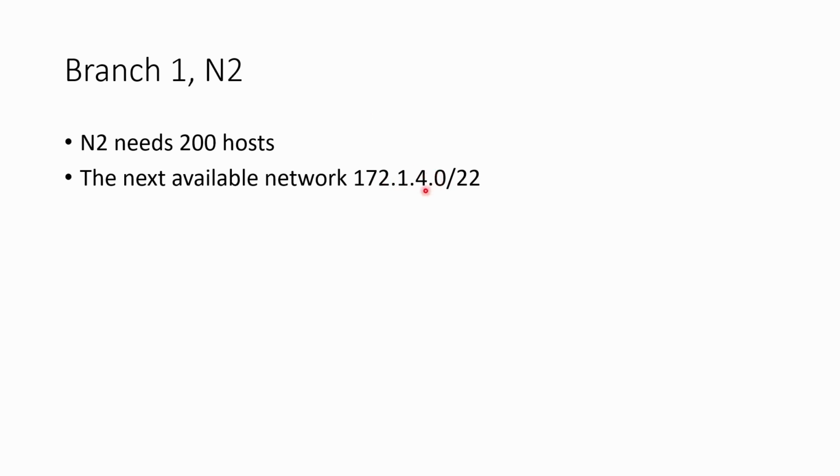Then we're going to determine how many host bits we need for the subnetting. So obviously 8 bits. That 2 to the power of 8 give us 256 IP. That is just more than enough to cover 200 hosts. That's the host bits we need.